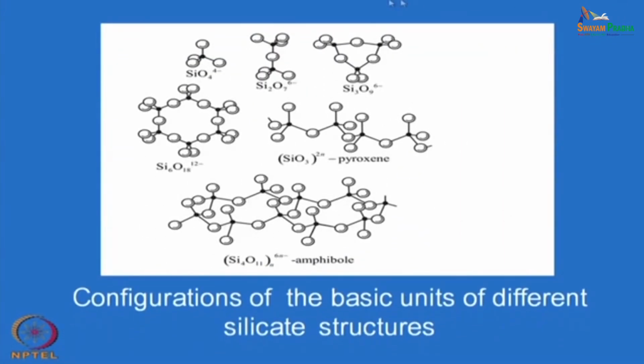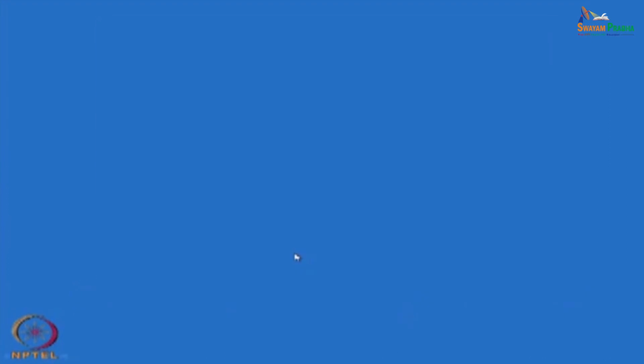These are all summarized here, and we have started with this. Then we have two silicon oxygen tetrahedra shared, the 3 member ring, 6 member ring, single chain and double chain. Okay. So, the same things are being summarized in this case.